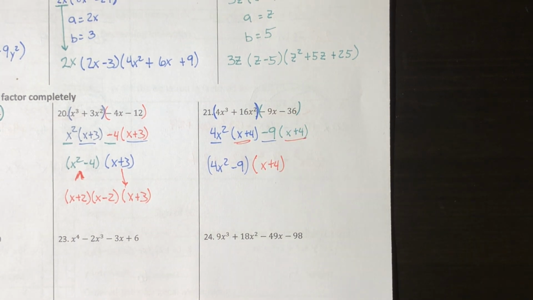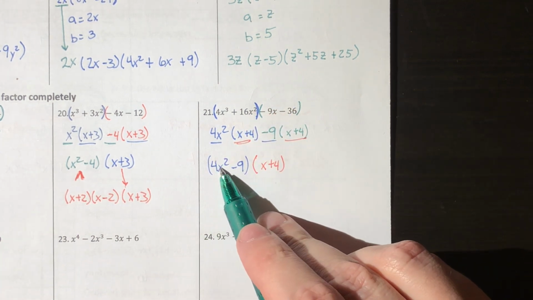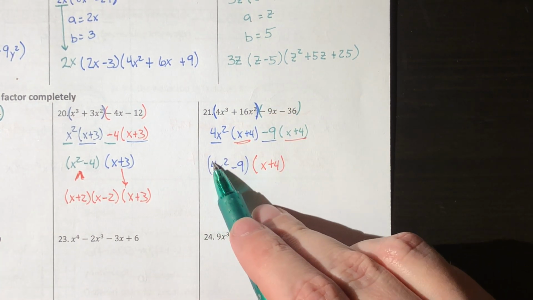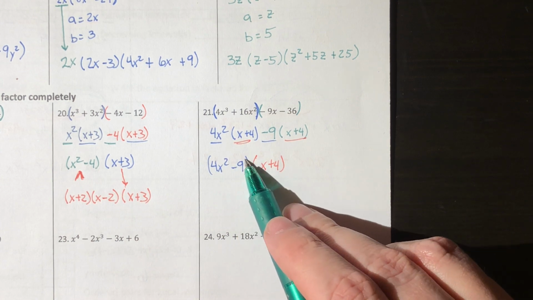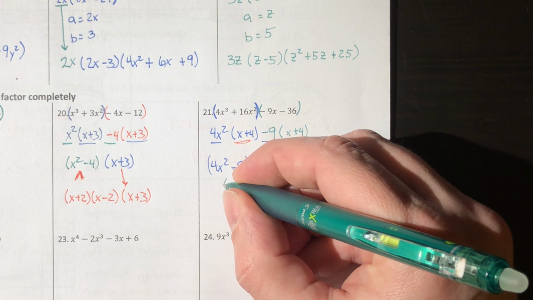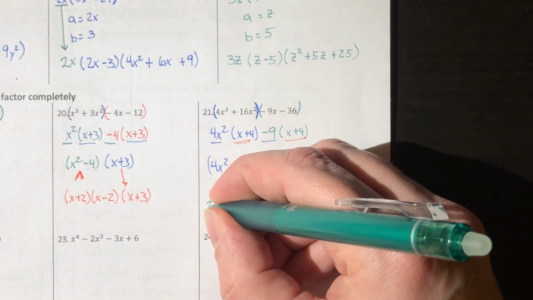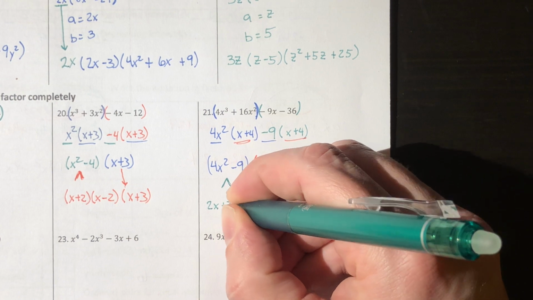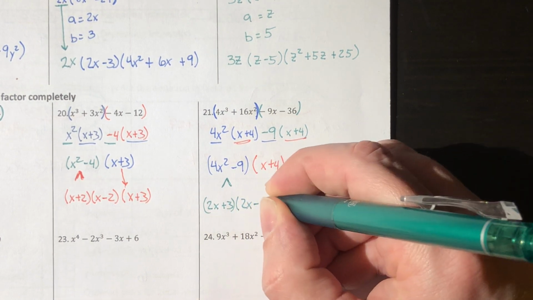This is another situation, just like 20, where 4x squared is a perfect square, and 9 is a perfect square. So this also factors further. It would be 2x plus 3 and 2x minus 3.